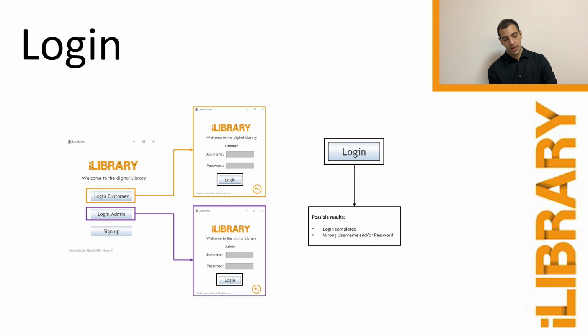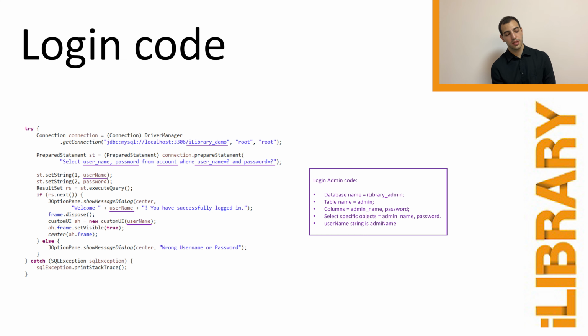Then, if we click login, in both of the cases, we could have two different results. The first one is, of course, login completed, and we open another instance. And then we have a wrong username and/or password. We can't say specifically which one is wrong, for security, of course. The login code is pretty much the same for the user login and the admin login.